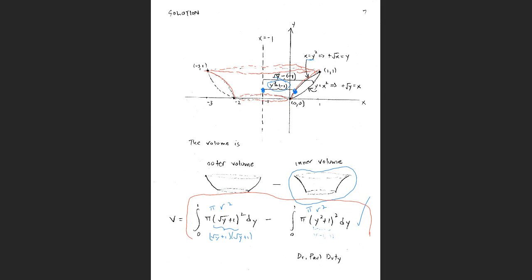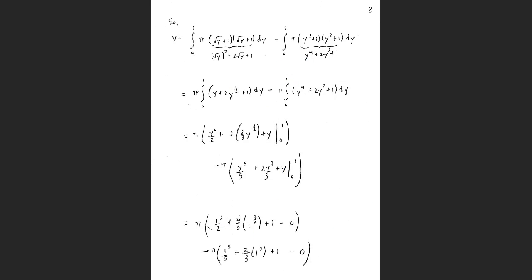So y squared plus 1 squared is just y squared plus 1 times y squared plus 1. Okay, and if we go to the next page, I expand those out, as you see here.